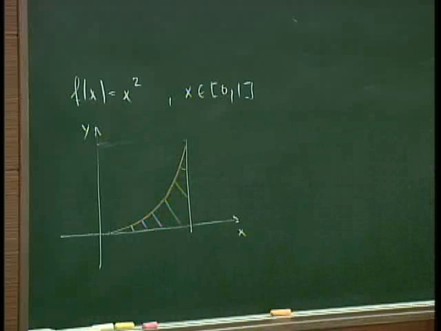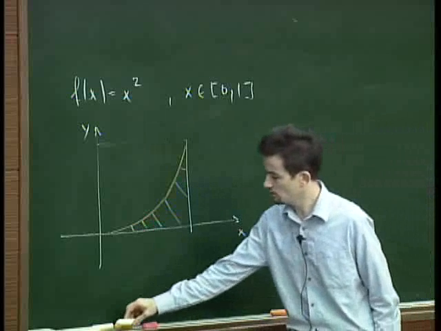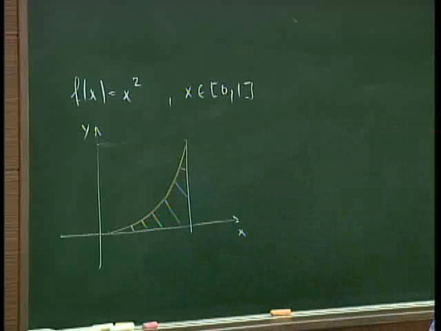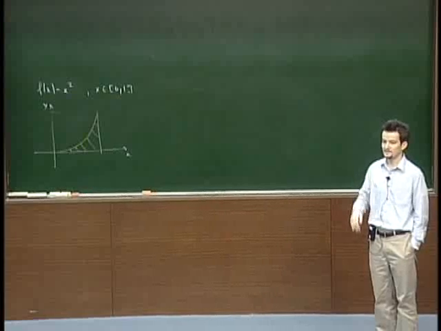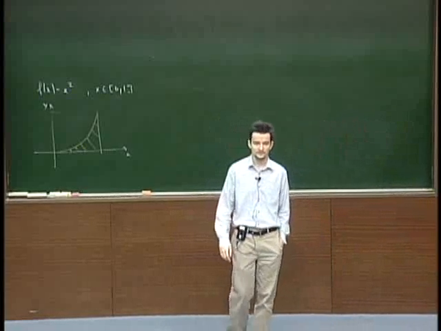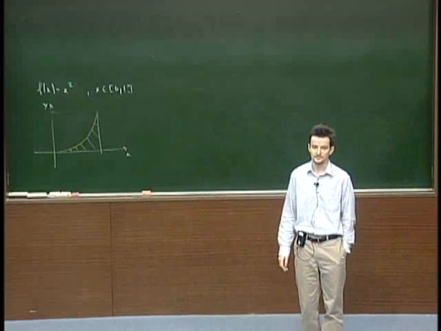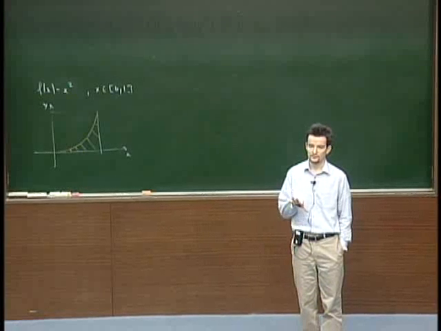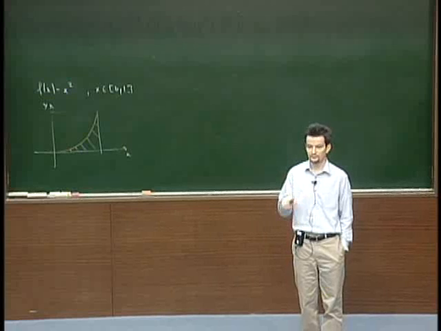Now, as I have explained last time, normally in order to define areas in high school, you first define the area for a rectangle. Then you extend the definition to the area of a triangle. And if you have more complicated domains, you divide it into either triangles or rectangles, or also circles, and then compute the area of the domain as a sum of the areas.